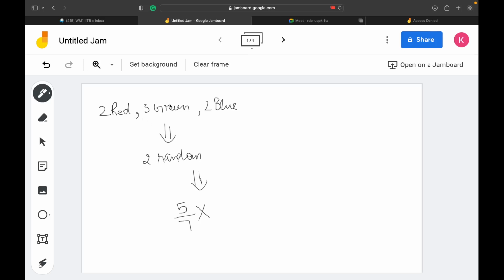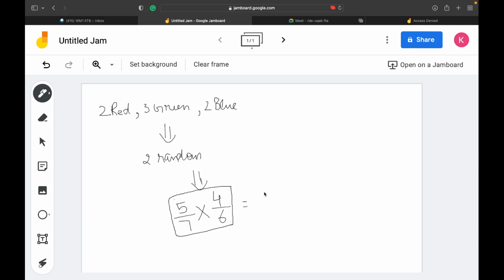So now the total number of red and green balls remaining is 4, because we are extracting one ball from these two red and three green balls. So now the total number of balls which are not blue is 4, and the total number of balls remaining is 6. So this is the probability that if we draw two balls simultaneously, then those two balls are not blue.